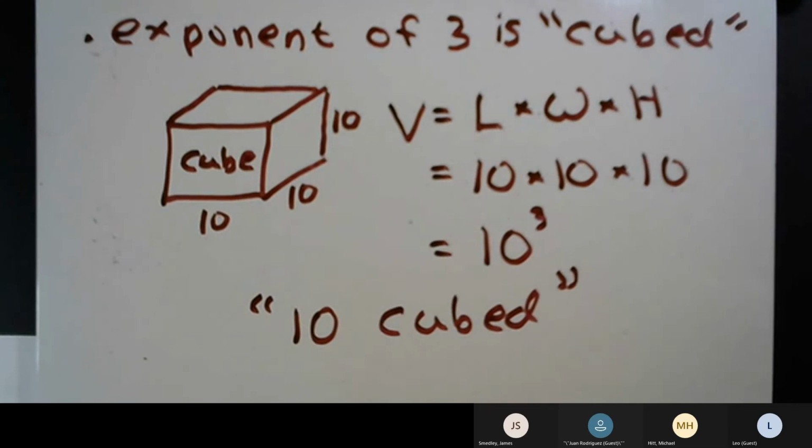The other one, we would call it 10 squared. But we would call this 10 cubed, and the example before would be 10 squared. But you'll hear those two terms used from time to time. So any questions about that?